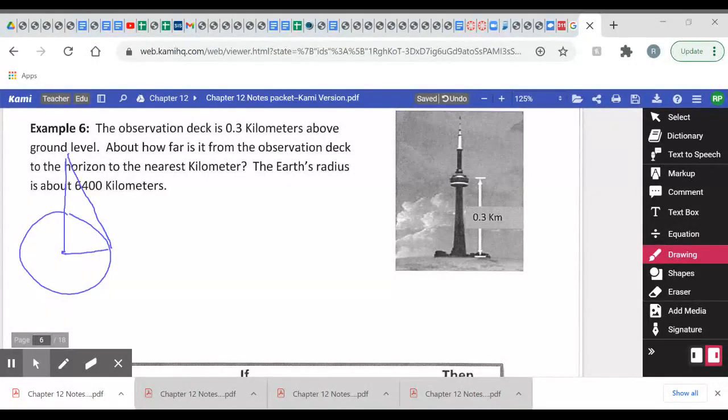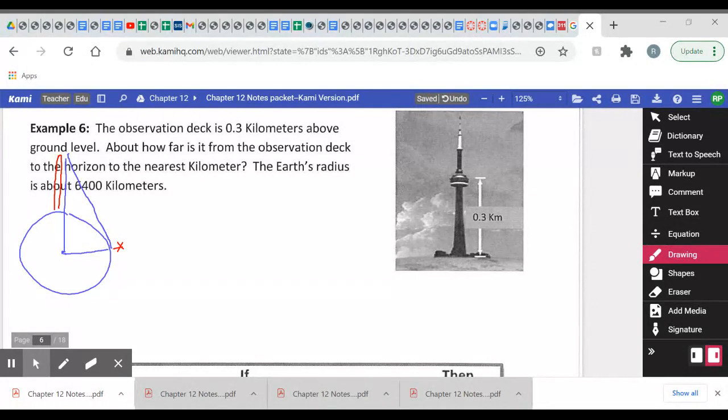Okay, so what this picture is representing is, let me add a little more to my picture. This would be my observation deck, right? Here's my observation deck that I just drew in red. If you think about being at the top of this observation deck, if you look out from the observation deck to the horizon, this is going to be the horizon over here. That's where the Earth starts curving and you don't see the rest of it.